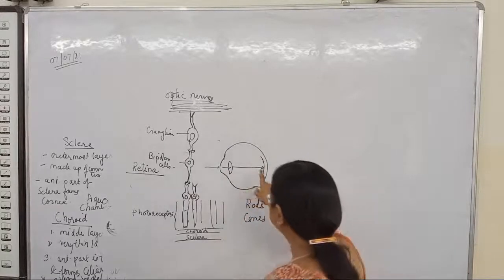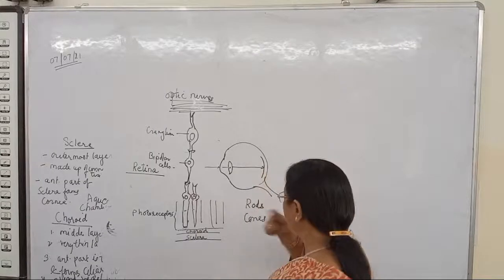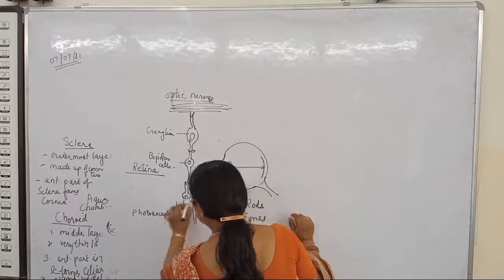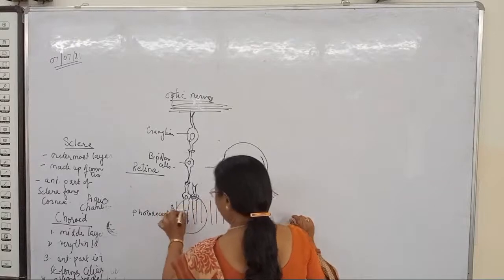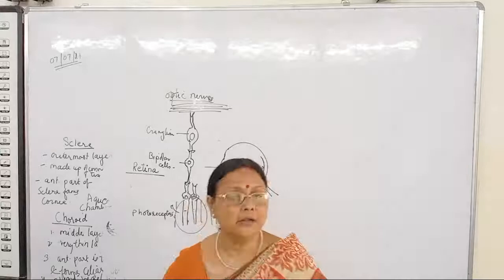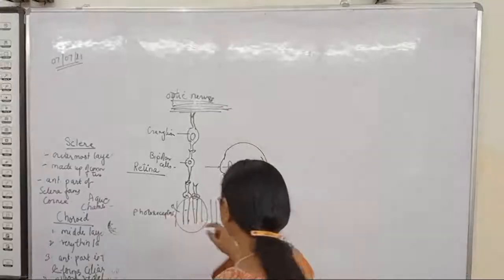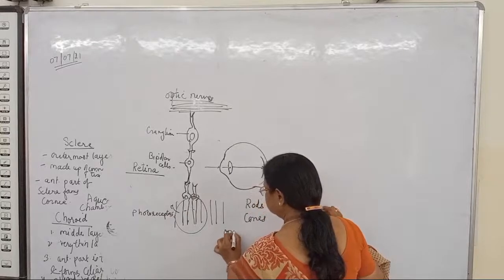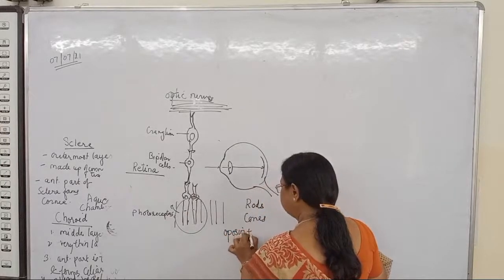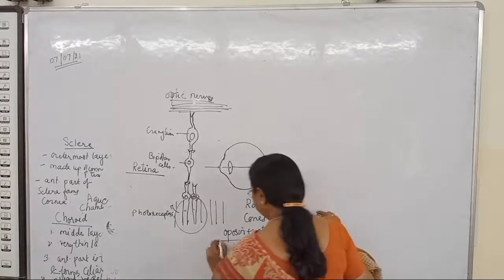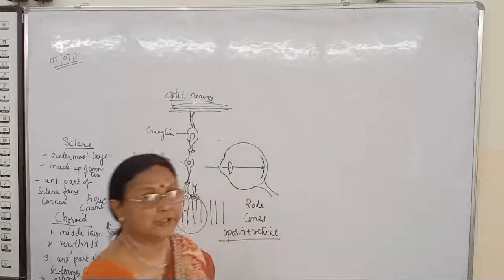So to the retina, here these photoreceptor cells are stimulated. Now they have a photopigment, which in rods consists of opsin plus the retinal.